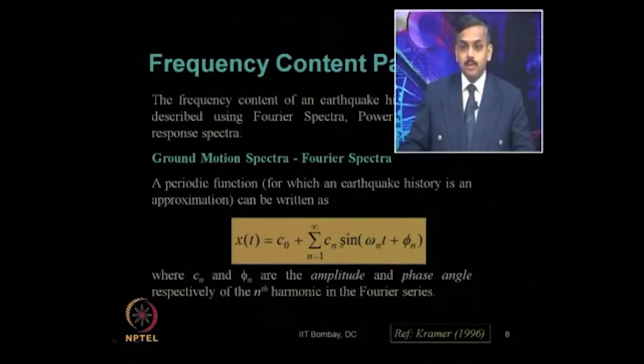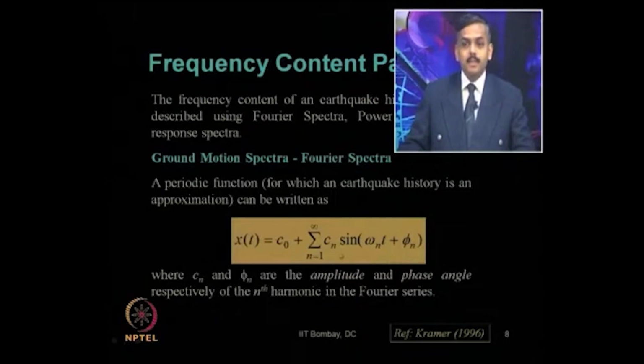So, this is expressed as a periodic function in terms of a sinusoidal function. Here C n and phi n are the amplitude of the Fourier function, and phi n is the phase angle of the nth harmonic, that is the nth cycle of the motion in that Fourier series.